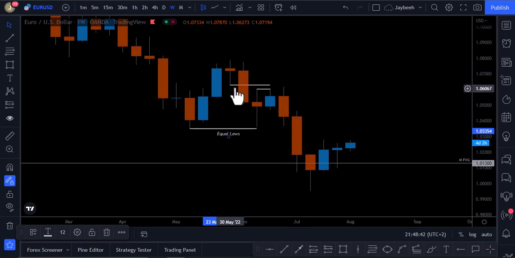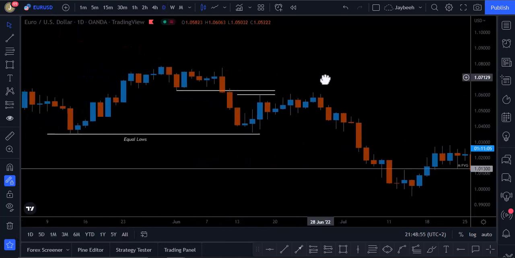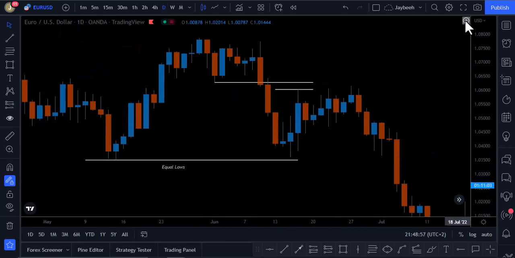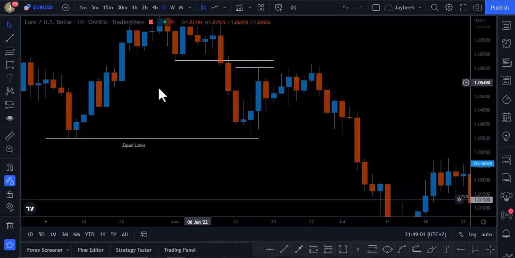So this was my weekly chart review, and when I'm done with the weekly chart, I will go to the daily chart. On the daily chart, there wasn't much, but the thing that was very important is that I saw these equal lows here that were very clear on the daily chart.